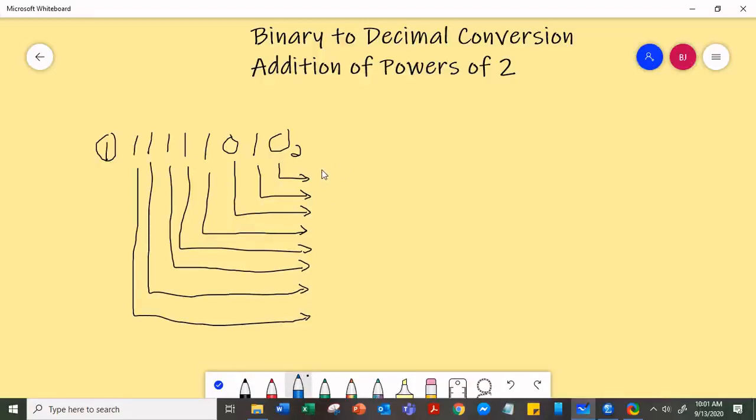We have 0, then 1, 0, then we have 5 1s here. We actually multiply them with the place value, or the value of each location.